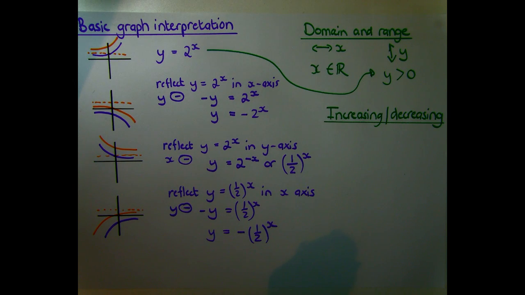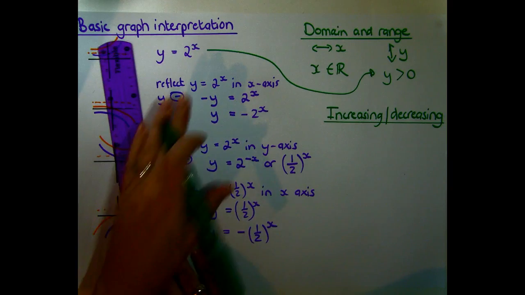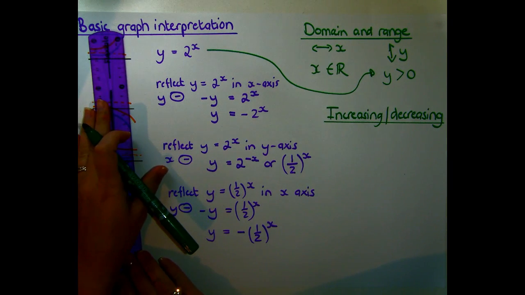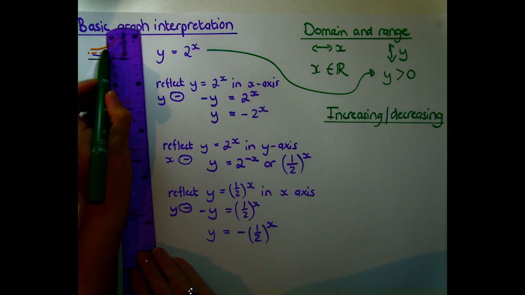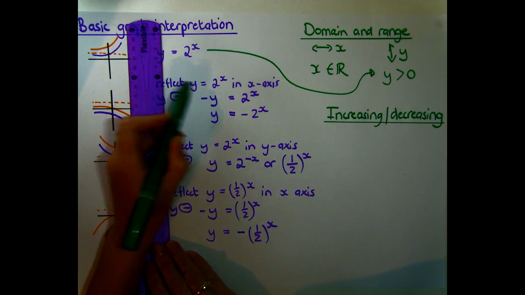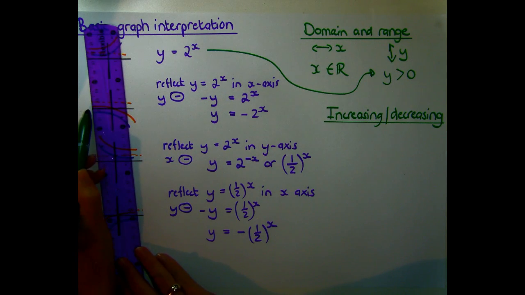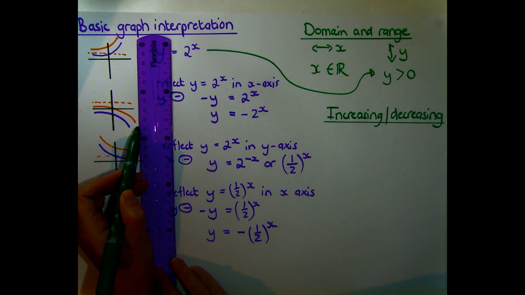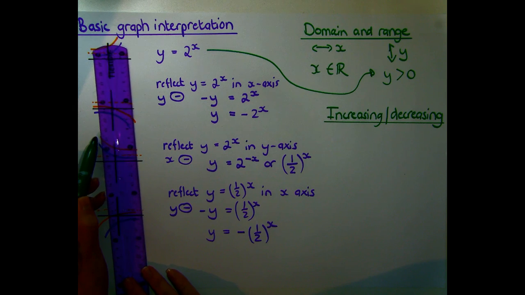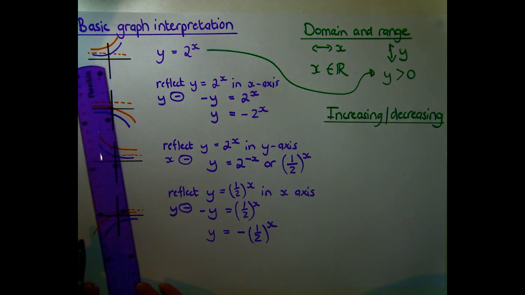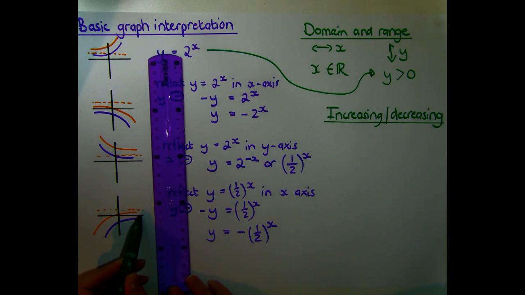When we look at the values for which an exponential function increases or decreases, we go back to our ruler test. When you have this type of exponential function, this one always increases. Here, when we reflected it, this one always decreases. This one also always decreases, and this one always increases.